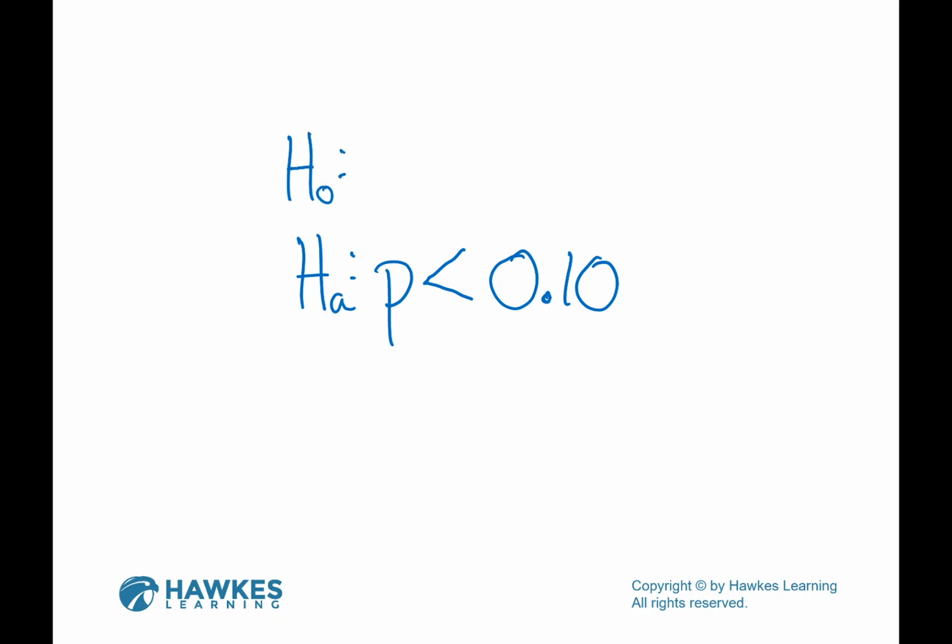For our alternative hypothesis, the counselor's claim here is that the percentage of students thinking about dropping out is less than 10% or 0.1. The null hypothesis would be what was stated as historically, right? That the percentage is greater than or equal to 10%.